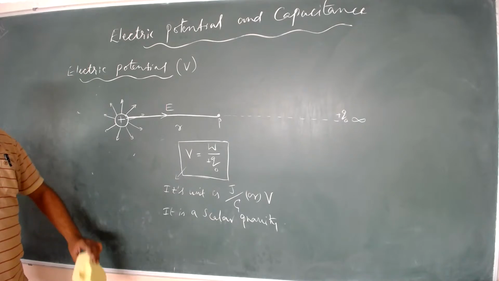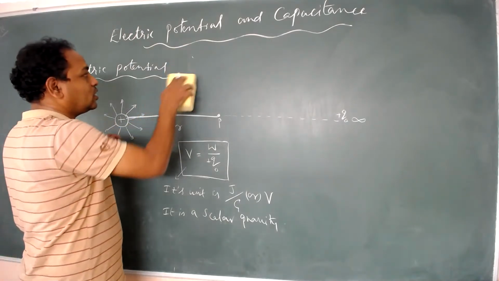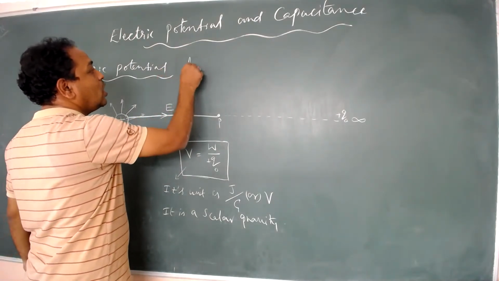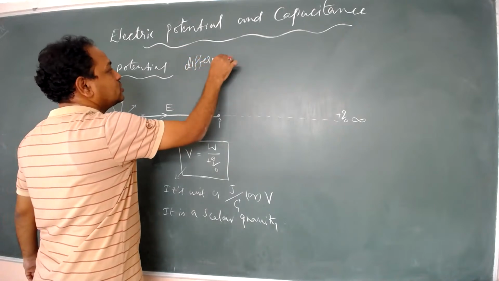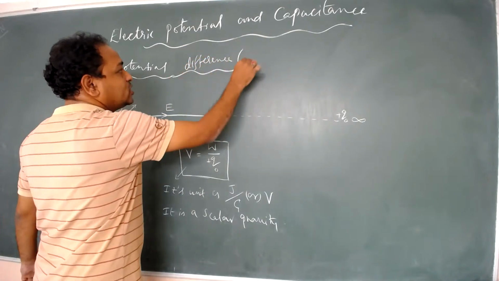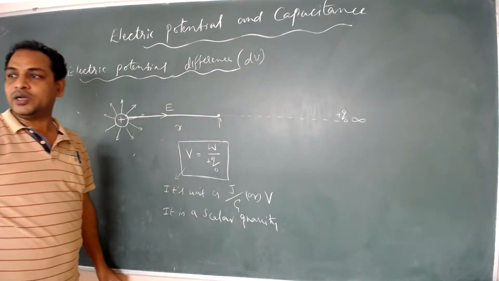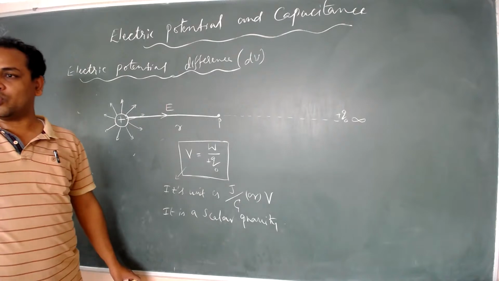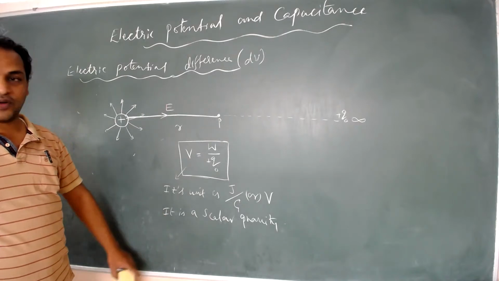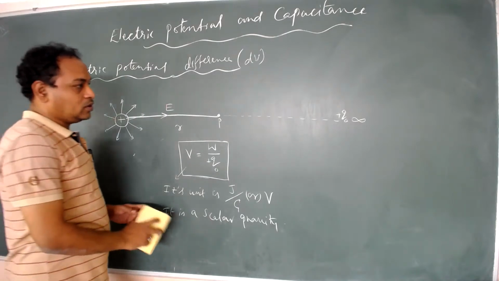Electric potential difference also we can say. See, next here is electric potential difference. This I will represent with the letter dV. dV means difference in voltage. Okay, how to define this? See carefully.